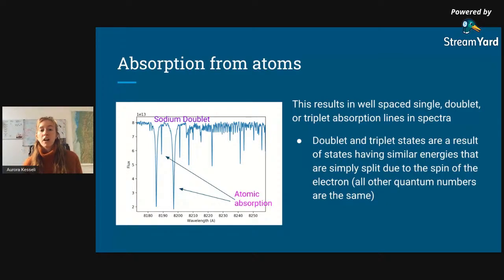And so that's how you can get doublet and even triplet states, is when you have very similar energy levels due to this spin energy level. So I won't really go into the quantum mechanics because that's all complicated and that would take many lectures, and we don't have that much time. But those are the basics of how you can calculate the wavelength for absorption from atoms.